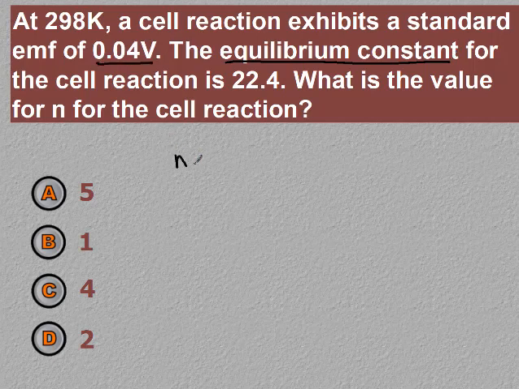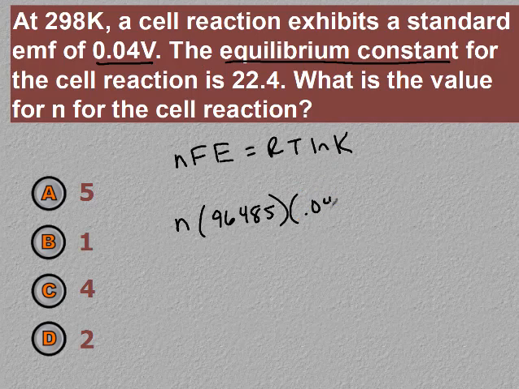So remember that we said a few minutes ago that nFE equals RT ln K. Since delta G equals negative nFE and delta G equaled negative RT ln K, we could set them equal to each other. We're looking for n. F is a constant. Our E was 0.04 volts.